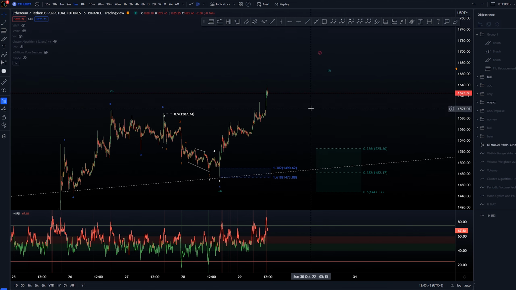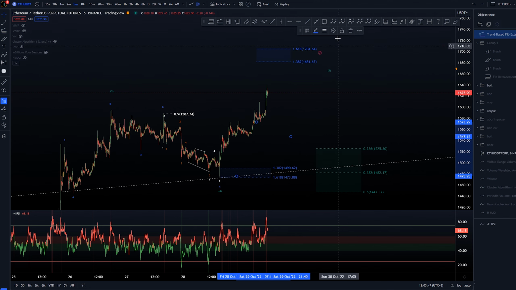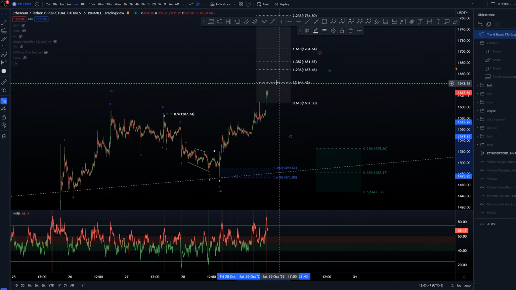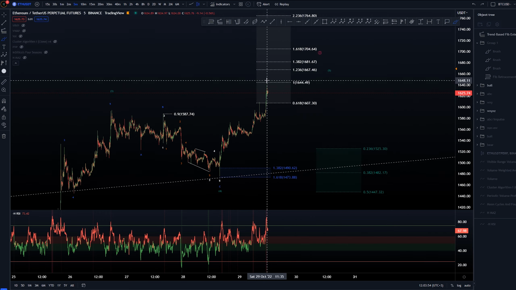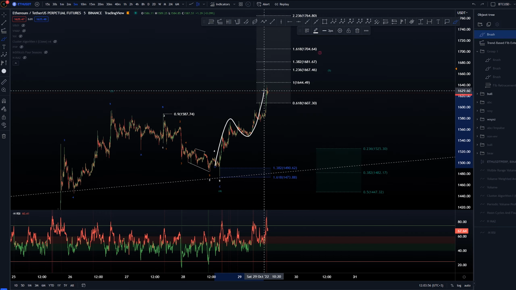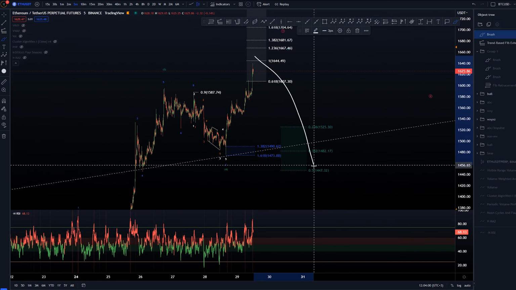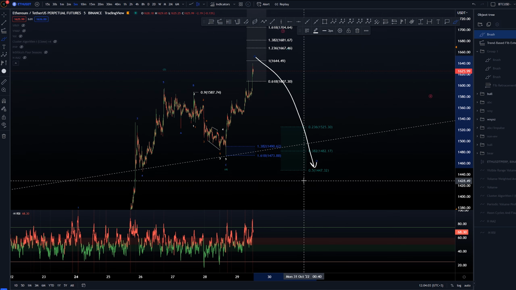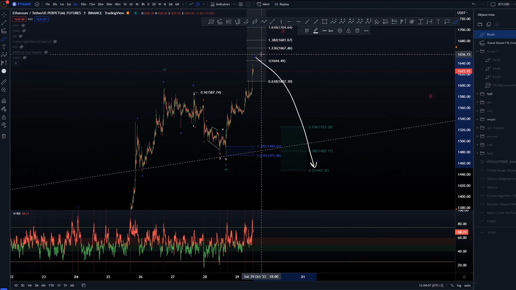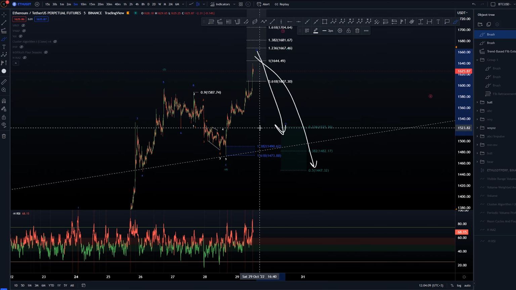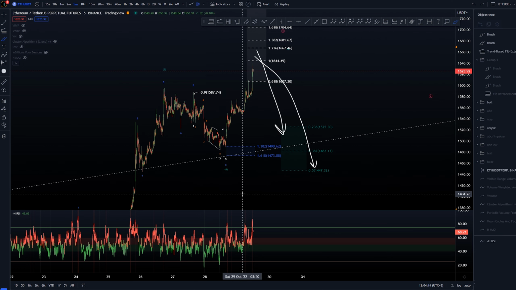So definitely there is a potential of this being a 3-wave structure as well. If we are looking at these extensions, we are right around the 1-to-1 extension of this first leg here. So it is definitely a possibility that this is, instead of that 5-wave, a 3-wave structure, and then we would be looking for either this expanded structure downwards, or a running flat structure that would end somewhere around here before the lows of this previous possible wave 4.